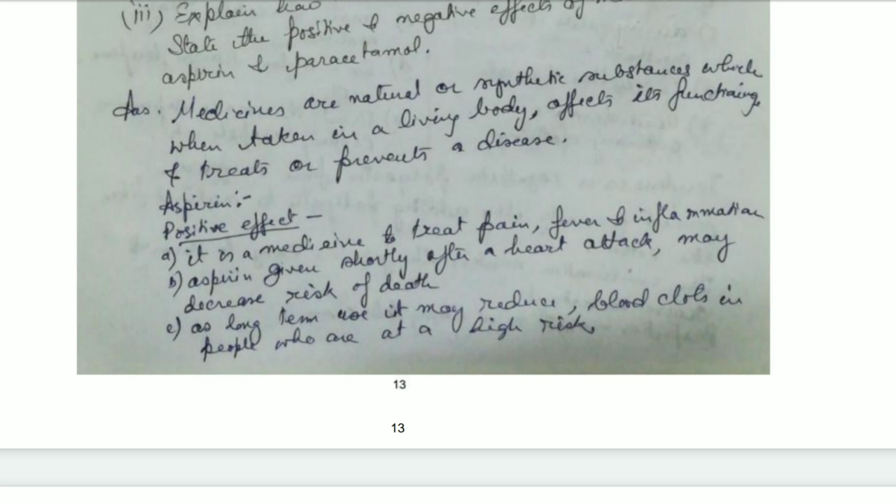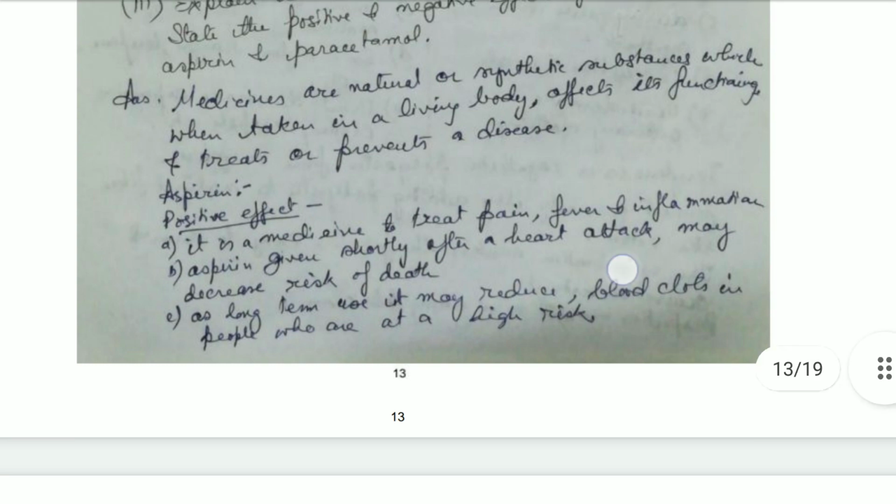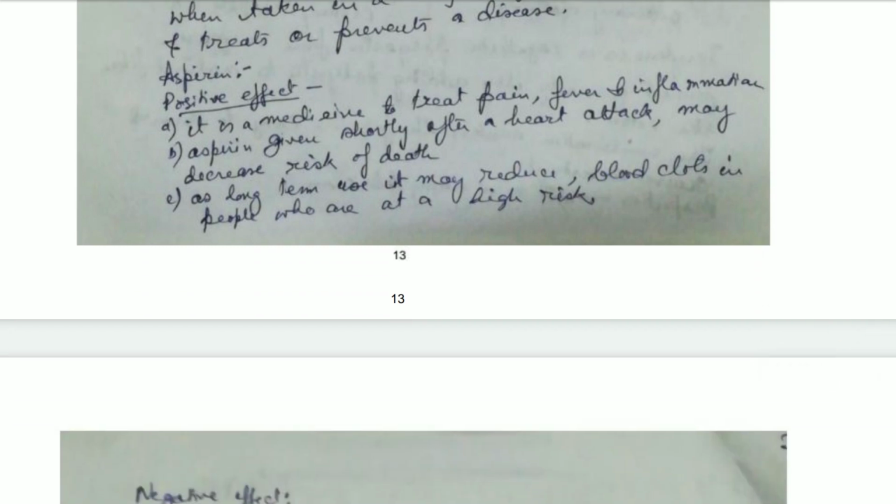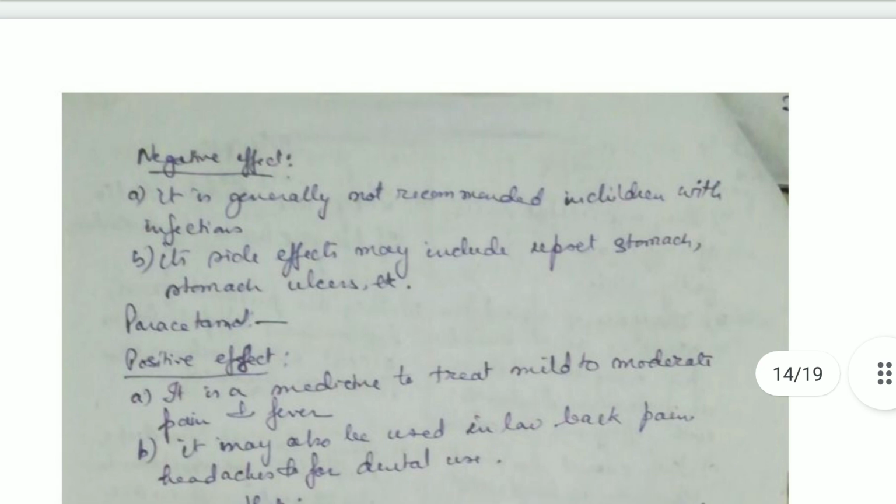Even if used long term, aspirin may reduce the formation of blood clots, so people with such disease may be at higher risk if they do not use aspirin. The negative effects of aspirin are that it is generally not recommended for children with infections, and its side effects may include upset stomach, and ulcers can be formed due to aspirin use.